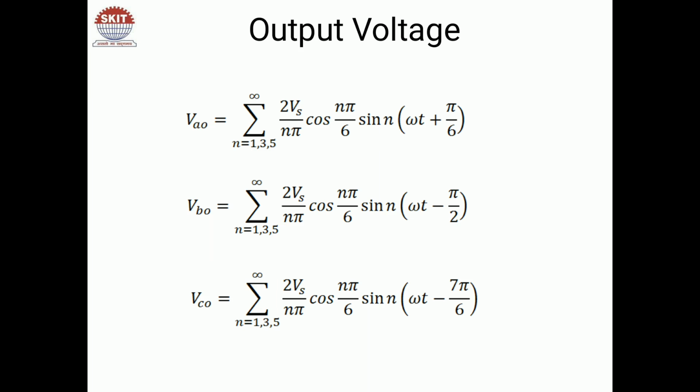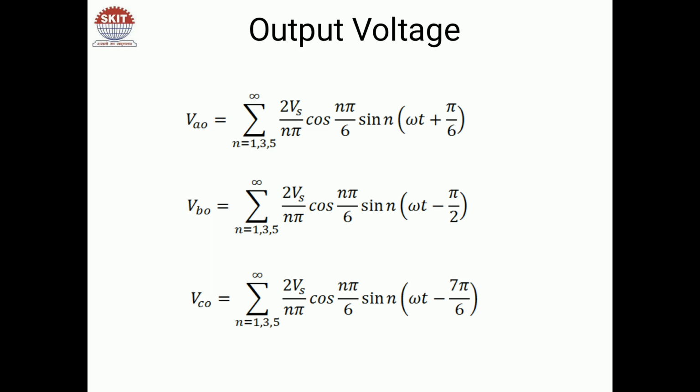These equations are compared with the standard sinusoidal voltage equations, and we get this part of the equation as the peak value, or the maximum value. So from this we can get the peak amplitude of the fundamental component.